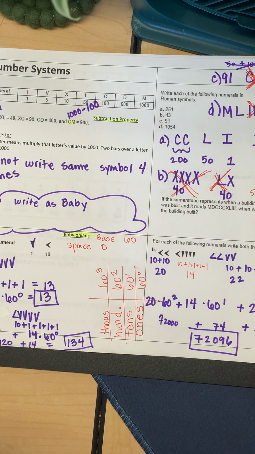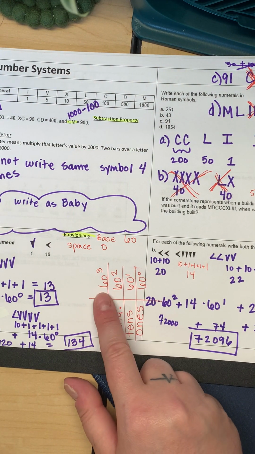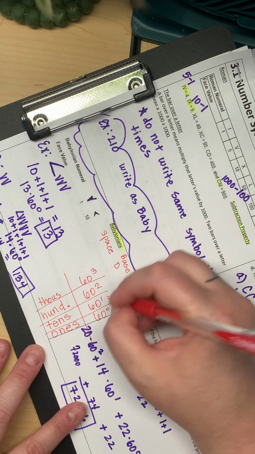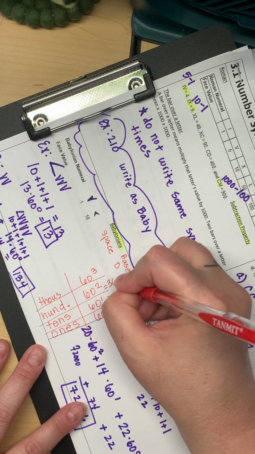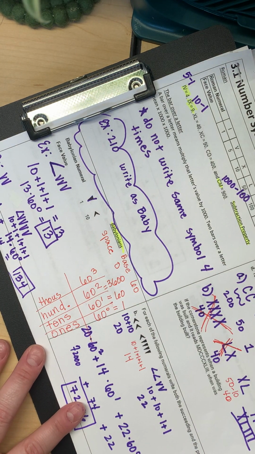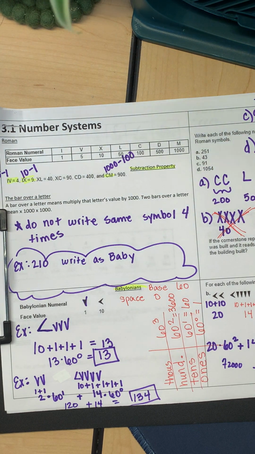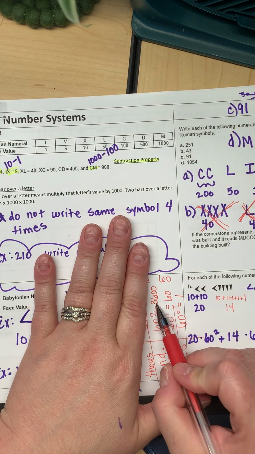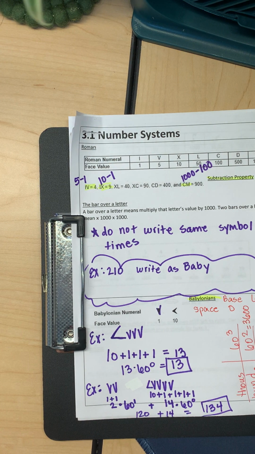So what we're going to do is figure out what is the biggest one of these numbers that we can divide 210 by. So again, 60 to the 0 is just a 1. 60 to the 1 is 60. 60 to the 2 is 3,600. 60 to the 3 is, I don't know, something really big. Okay, I ran out of room. So we're going to figure out whether this 1, 60, or 3,600 can divide into 210. Which one can divide into 210 evenly?